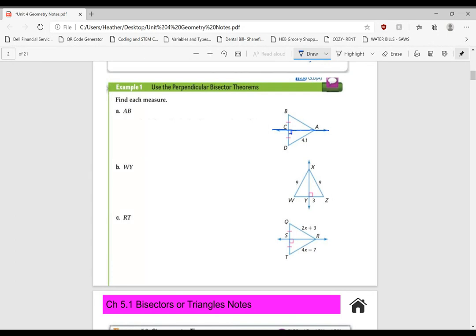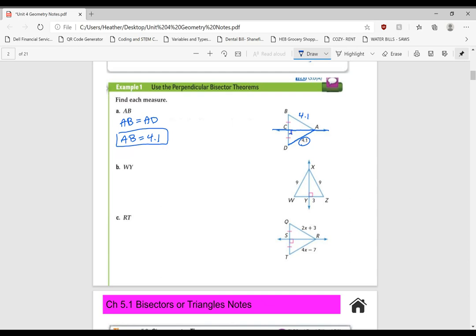So that means that AB is equal to AD. Well, AD, which is right here, is equal to 4.1. So that means AB is equal to 4.1.